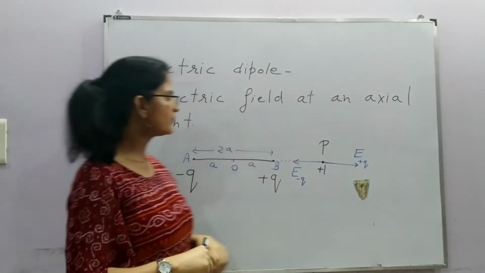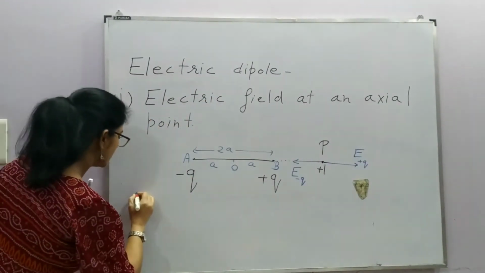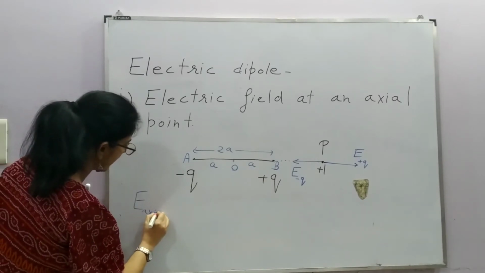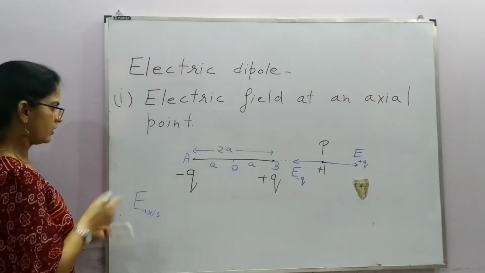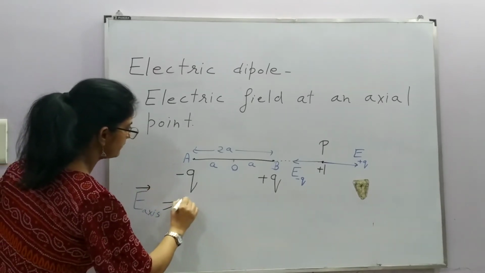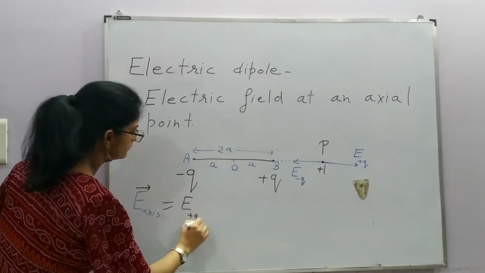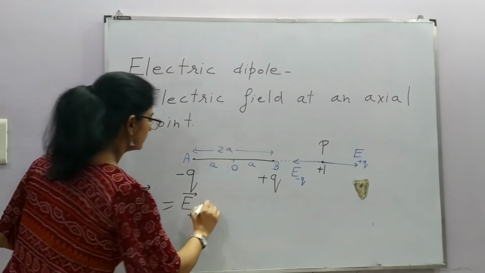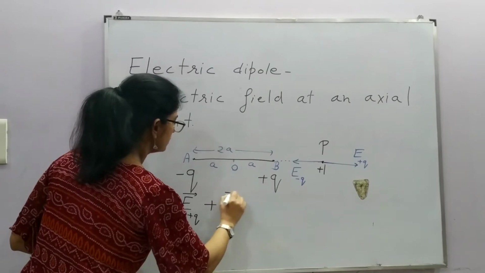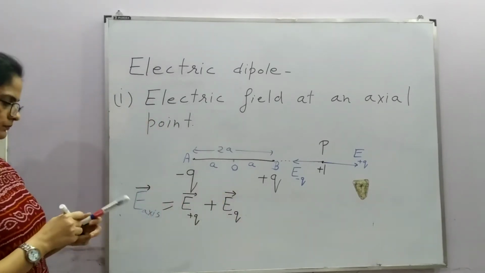So by the principle of superposition, E at a point on its axis will be written as E due to plus q and E due to minus q.